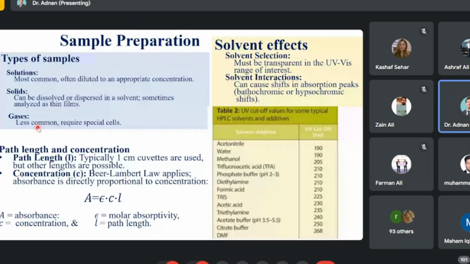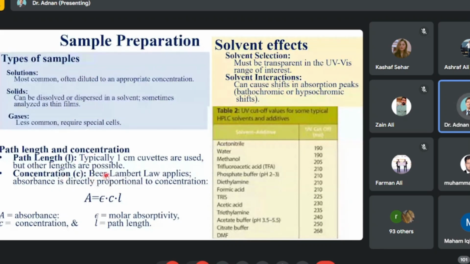The two most important parameters are path length and concentration. Actually, this is the Beer-Lambert law. The first one is the path length. Typically, 1 centimeter cuvettes are used, but other lengths are possible, as I mentioned earlier. The second one is concentration.